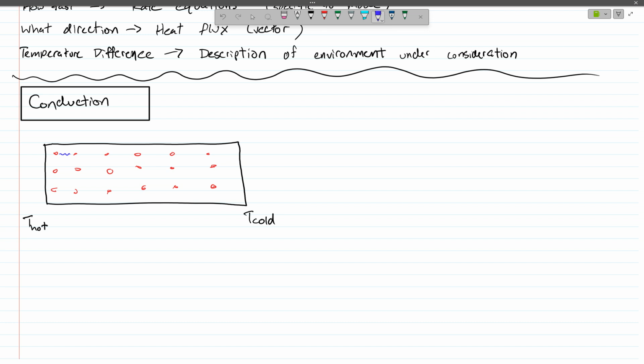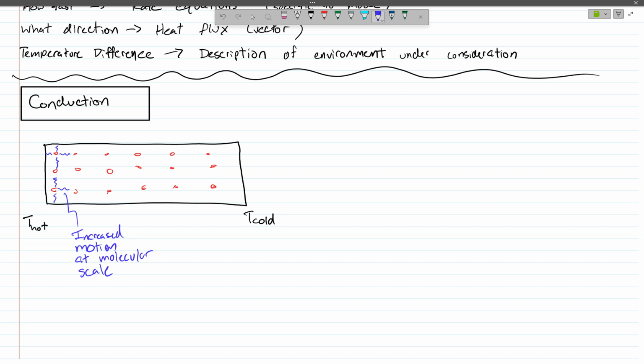And so, increased motion at the molecular scale.